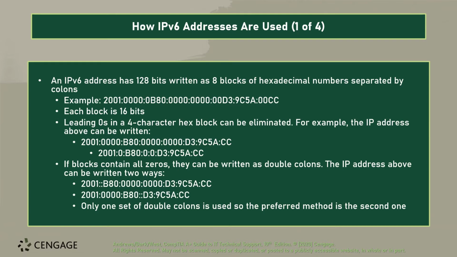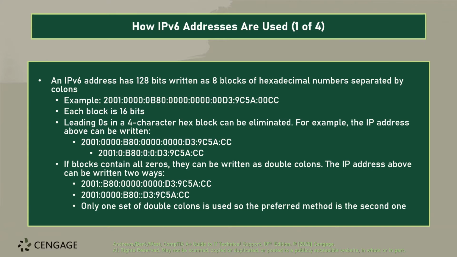I have written it this way in the second line of the example. So 2001, 4 zeros, B80, 4 zeros, 4 zeros, D3, 9C5A, double C, in my mind could be written even shorter as 2001, colon 0, colon B80, colon 0, colon 0, colon D3, colon 9C5A, colon CC.